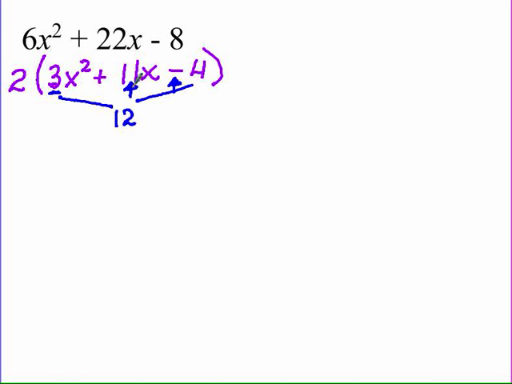What are those 2 factors of 12 that differ by 11? 12 and 1. Now I have to figure out how do I get a positive 11 from 12 and 1? Negative 1 and positive 12.